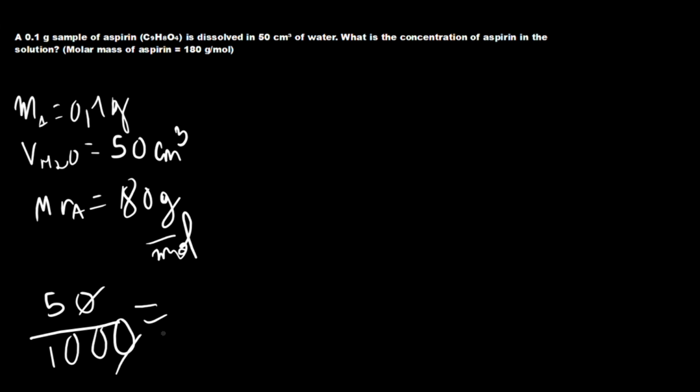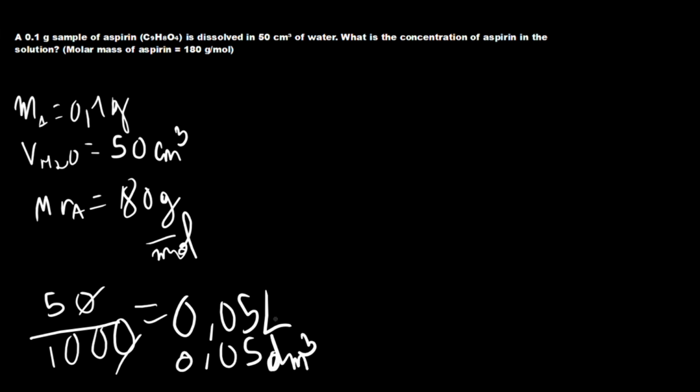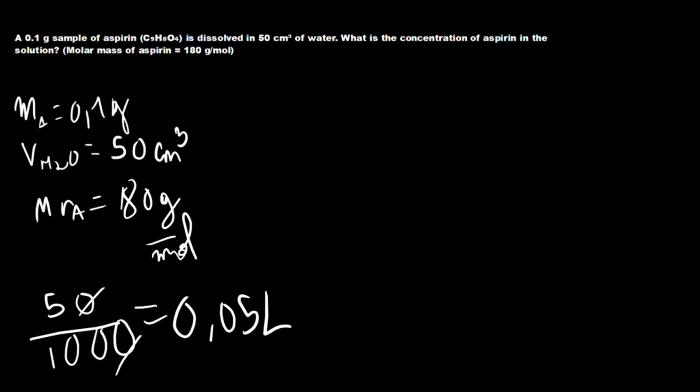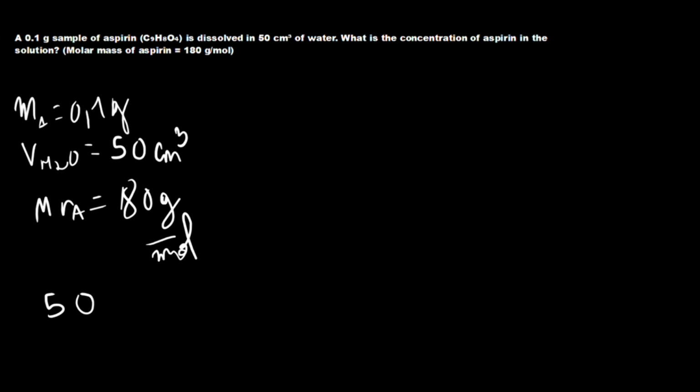When you simplify this, what you're going to get is 0.05 liters or 0.05 cubic decimeters. It doesn't really matter because these are the same. So moving on. This equals 0.05 liters. Cool.